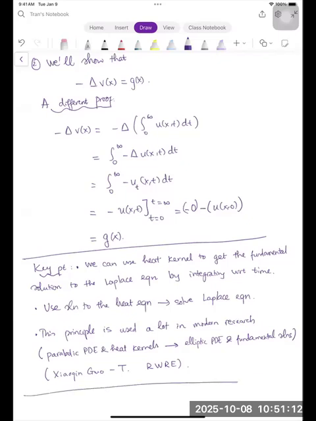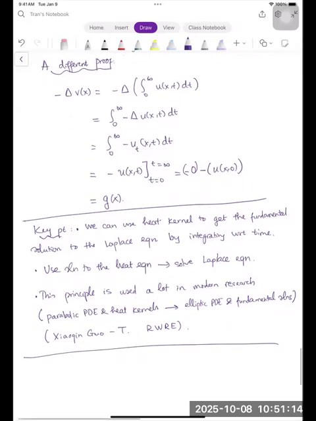Okay, so let me stop the lecture here. Next time we will work on the heat equation on a quadrant.